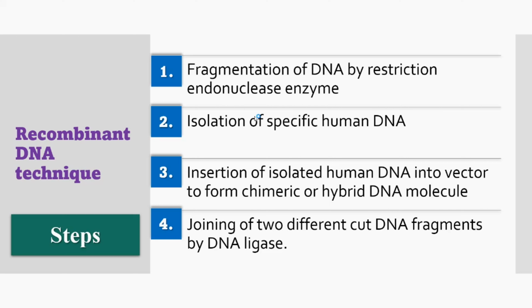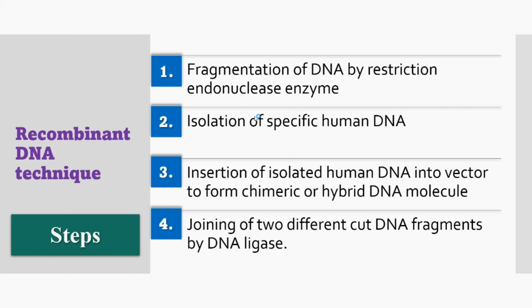The third step, once we fragmented and isolated, we need to insert this small portion of DNA, which has an intended gene or nitrogenous bases or genetic codes, into a suitable vector. So that is the DNA of different species or sources.